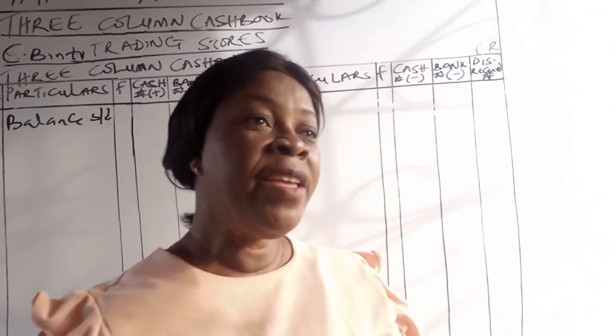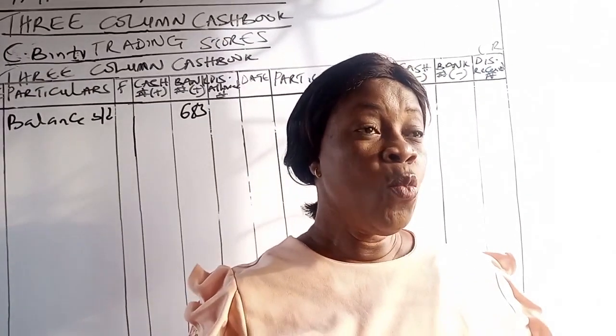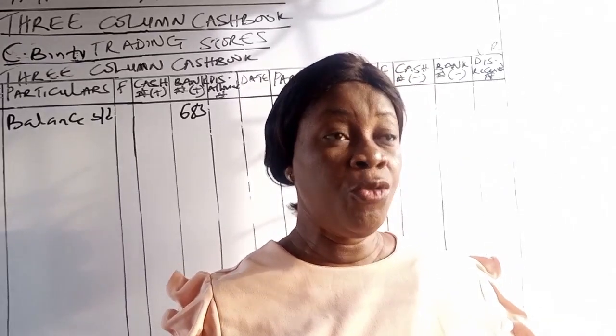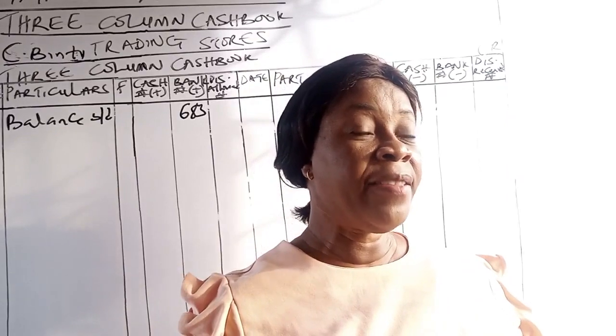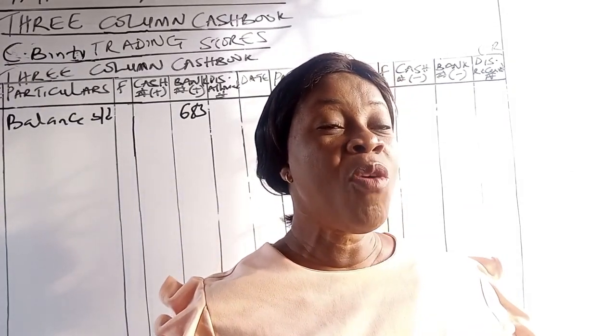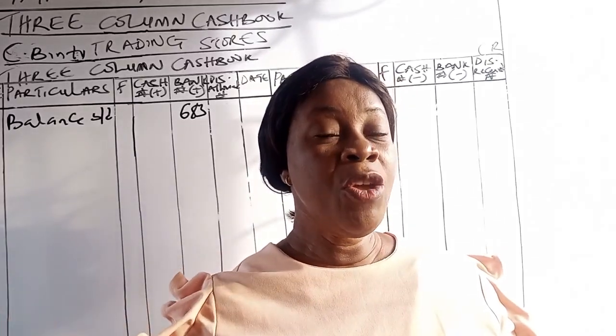Now, the same day, the organization withdrew 500 naira from bank for office use. So in essence, the organization has lesser amount of money in its bank account and more money in the office.